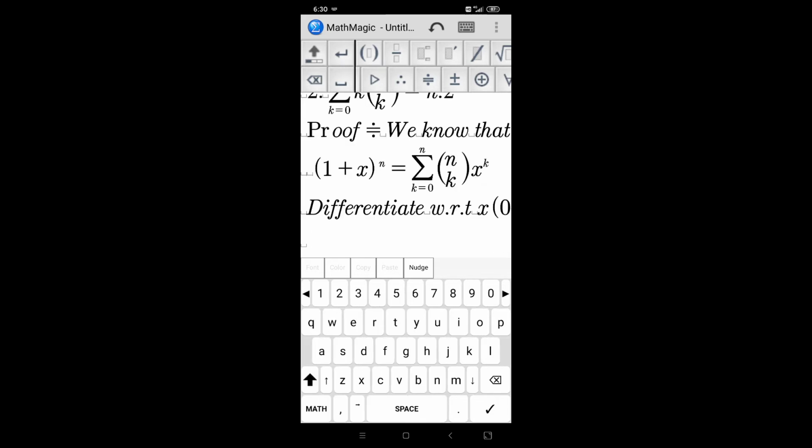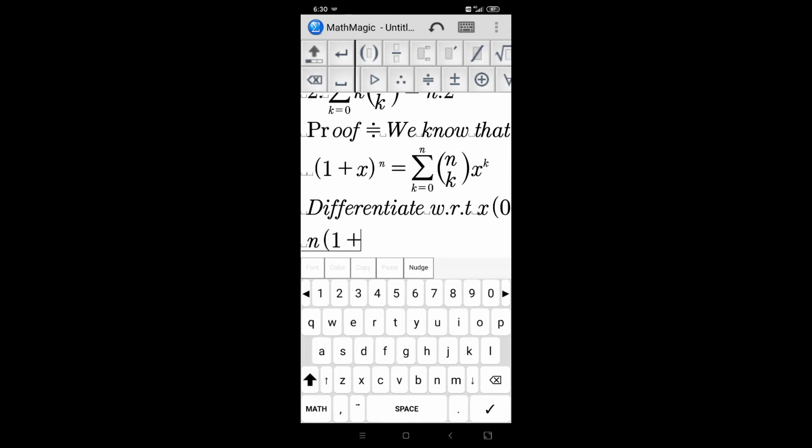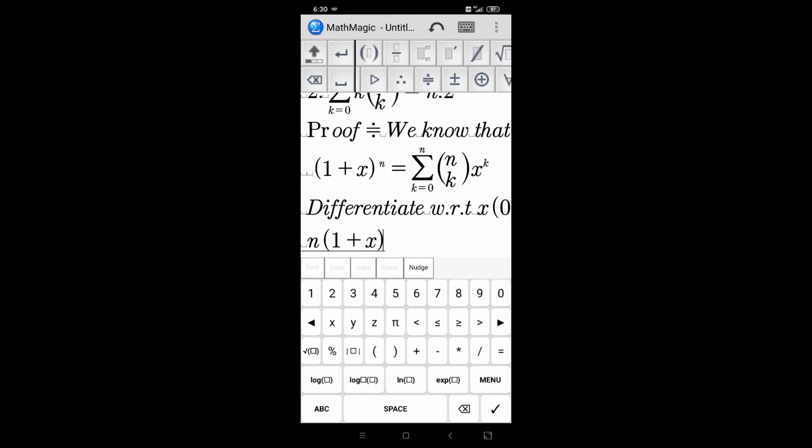So we know that the differentiation of x to the k is k into x to the k minus 1. The differentiation of (1 plus x) to the n is n into (1 plus x) to the power of n minus 1, using the chain rule, and differentiating 1 plus x gives just 1.